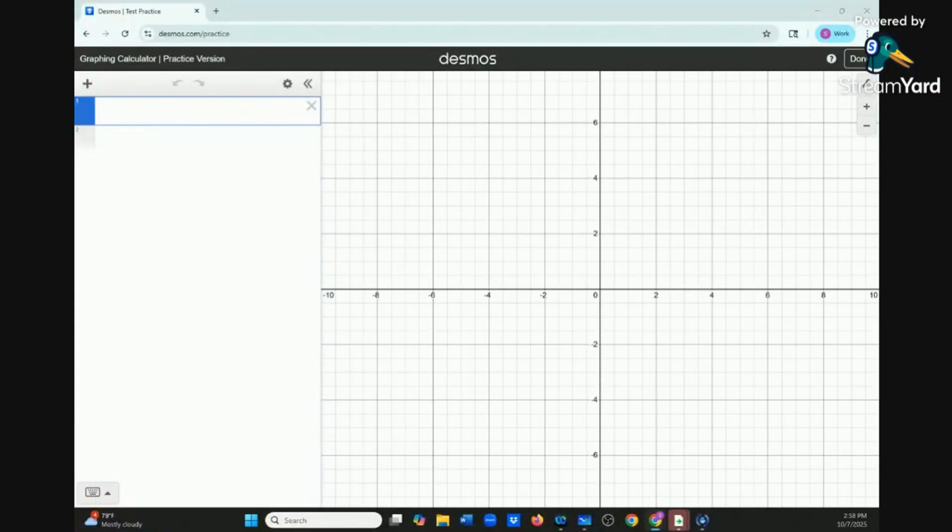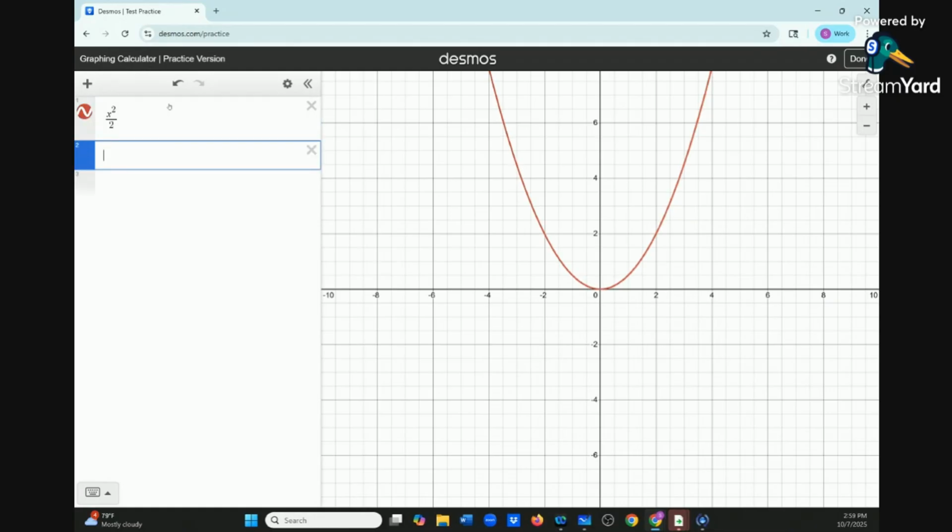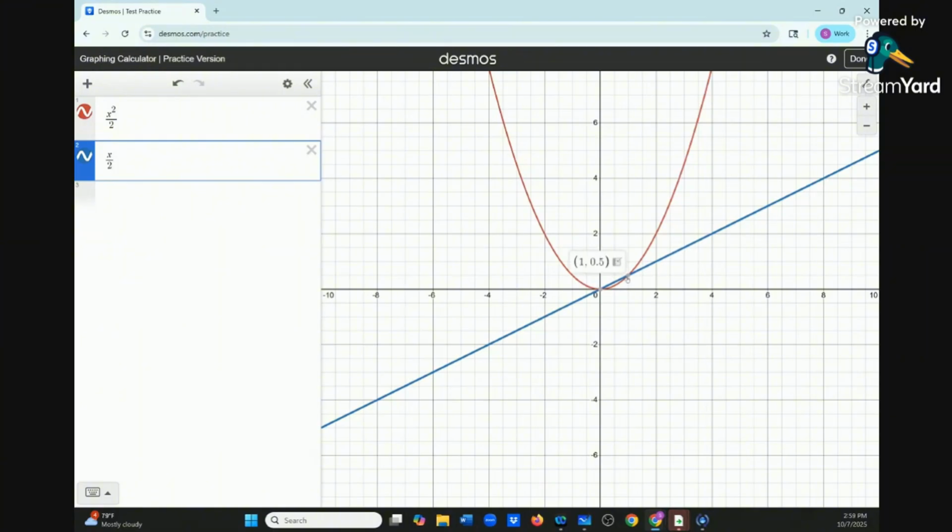So the first equation that we had was x squared divided by 2. You don't have to write the y equals. So my first equation was a parabola, x squared divided by 2. And the second one was just x, so a straight line, divided by 2. Look at this beauty here. Oh my goodness. 2 seconds, look at that, 1 and 0.5.